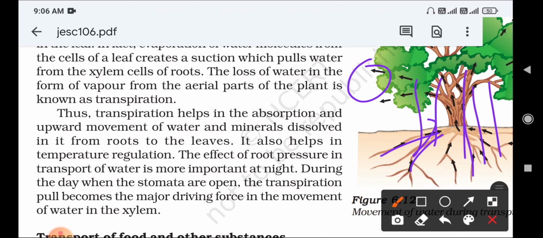It also helps in temperature regulation. The effect of root pressure in the transport of water is more important at night.